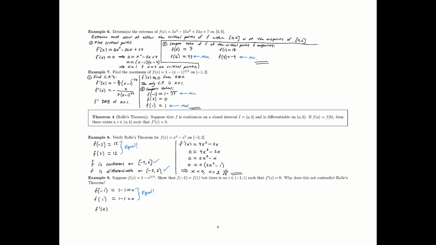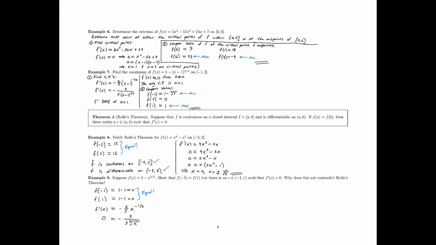So we take our derivative. We're going to have minus 2/3 x to the negative 1/3. And if we choose to write this as a fraction, we have negative 2 over 3 times the cube root of x. Now if we set this equal to 0, the only way that a fraction is equal to 0 is if the numerator of that fraction can be made equal to 0.